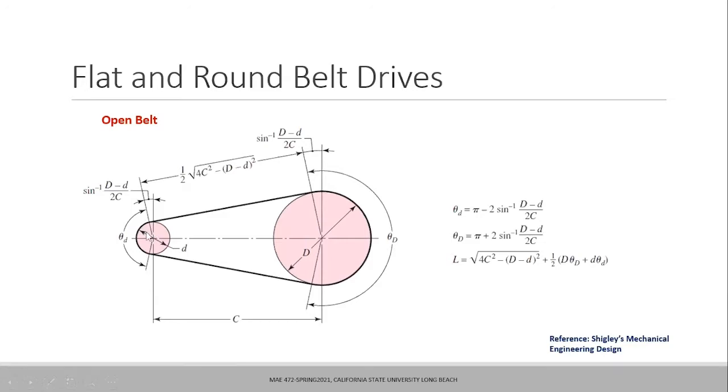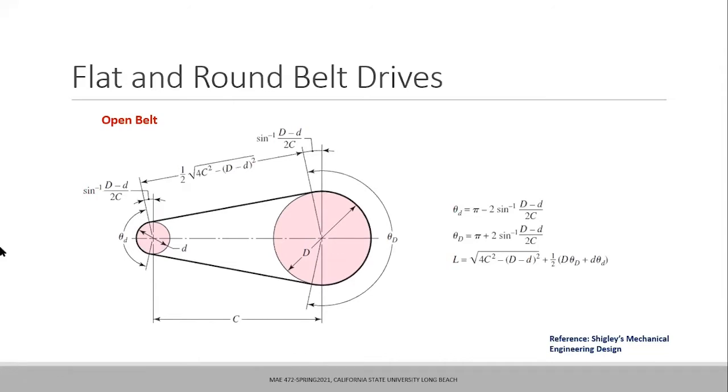And that surface, whichever is in contact, will help in transmitting the torque, because there is friction between the two surfaces. So the greater the angle of wrap you have, the more contact area you get. That means you have more frictional force that is going to help you to transmit the necessary amount of torque.